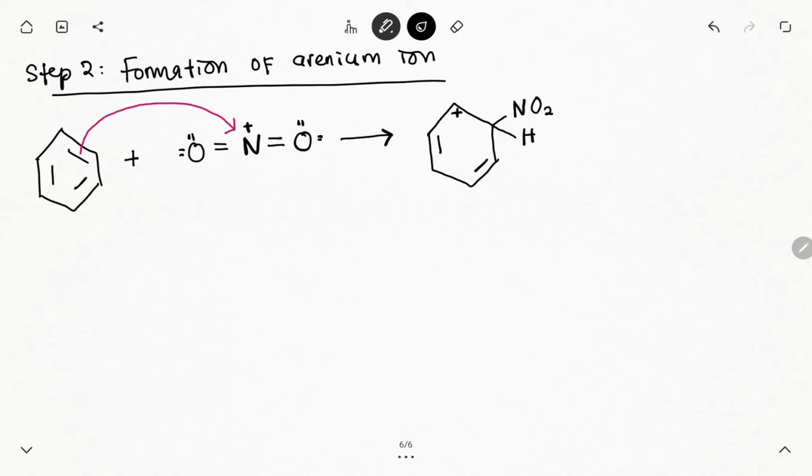This stage we call the arenium structure, and it delocalizes the electrons inside the ring, which is where the resonance structure occurs. How does the resonance structure occur? The first multiple bond here changes position, meaning the double bond alternates to here.